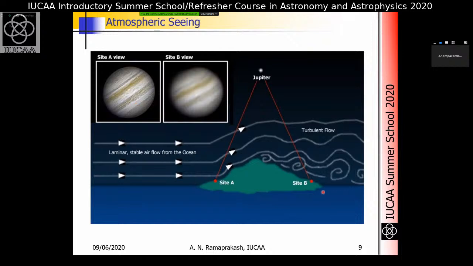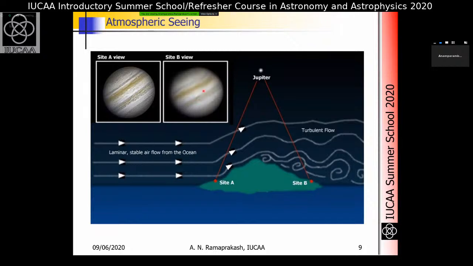But on the other hand, if we site the observatory on this side of the hill, this wind which is blowing across this mountain has already been disturbed by the mountain, and it will become turbulent. So as light from Jupiter passes through this atmosphere, it gets really disturbed, and the distortions induced would wipe away the resolution, and the Jupiter image would look like this.